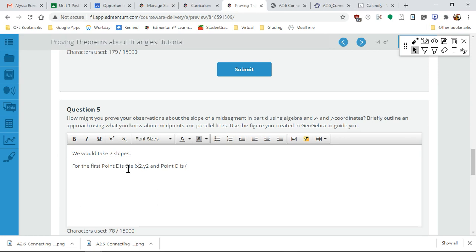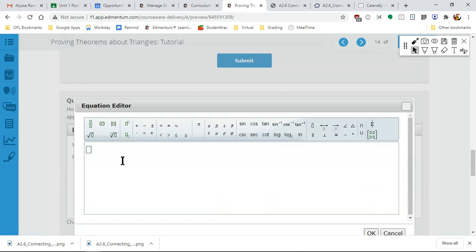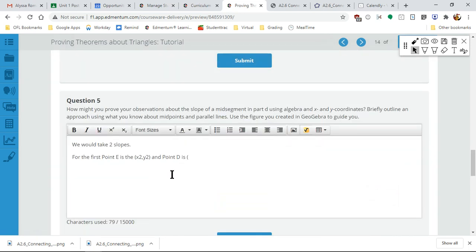I should be doing more, but I don't want to use the equation editor to write this. I'll show you how it's supposed to look in the next one. But point D is going to be our x1 comma y1. Then we use the formula.